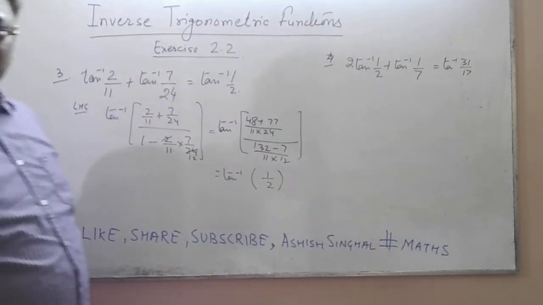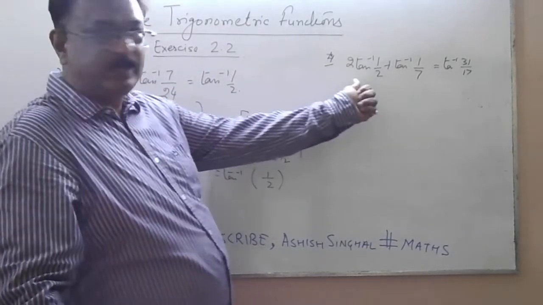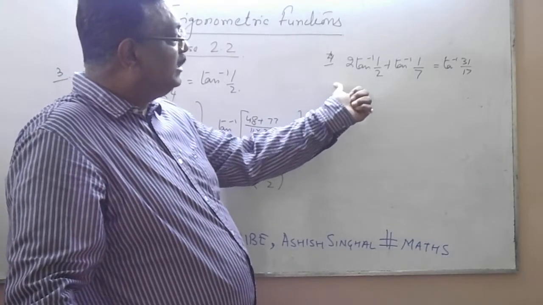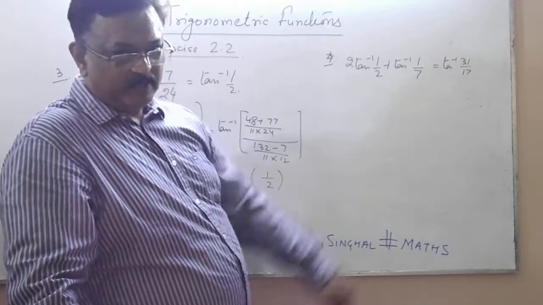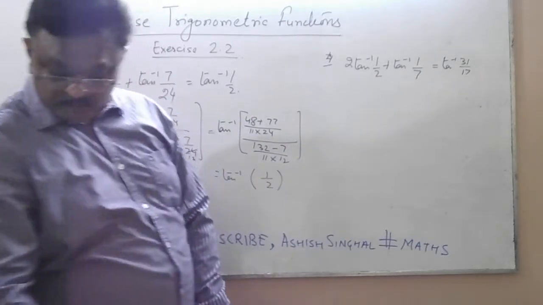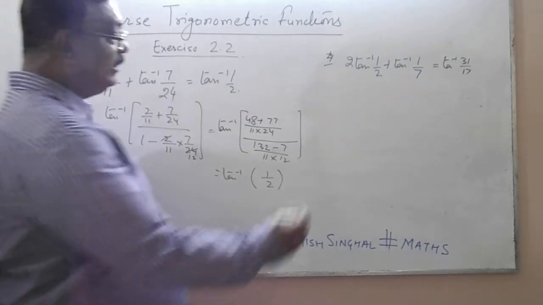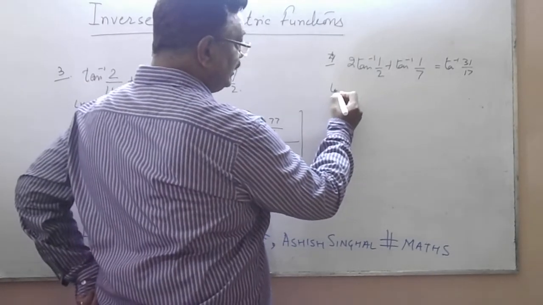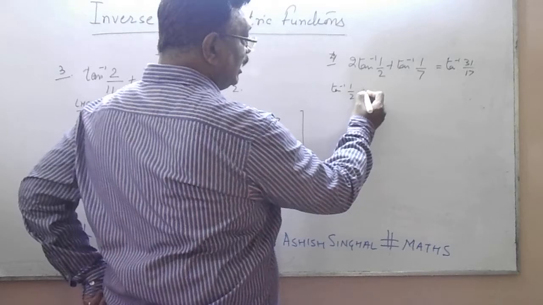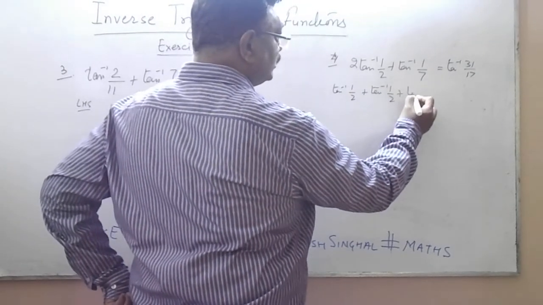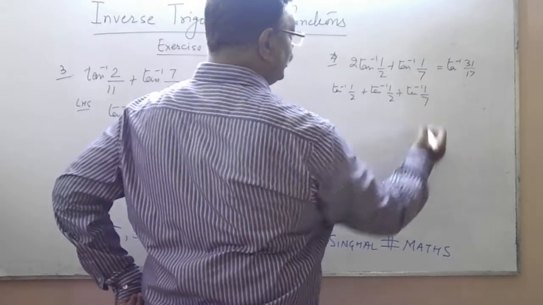Dear friends, we can convert this 2 tan inverse x in terms of tan inverse and then apply the identity, but students find it easier by splitting this expression and finding out the value. So what they do, they write it as tan inverse half plus tan inverse half plus tan inverse 1 by 7.